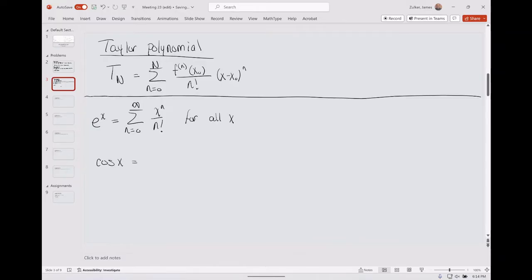Cosine of x: sum of (-1) to the n, x to the 2n over 2n factorial, also valid for all x.